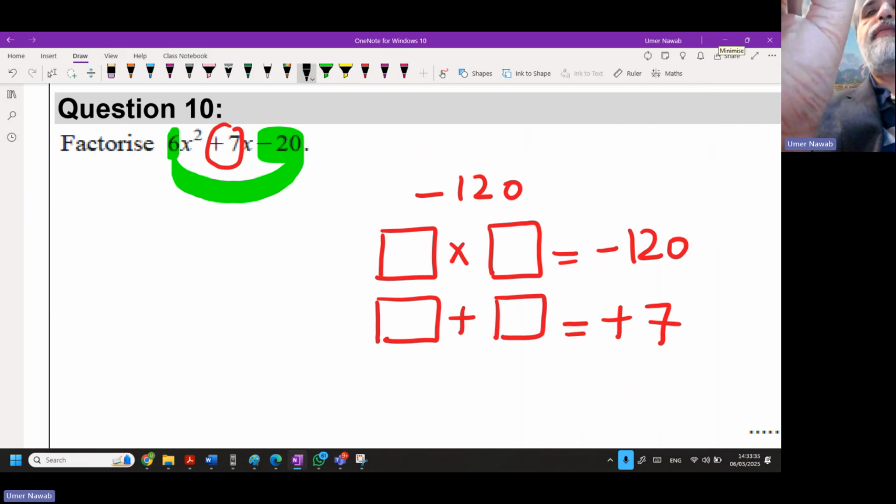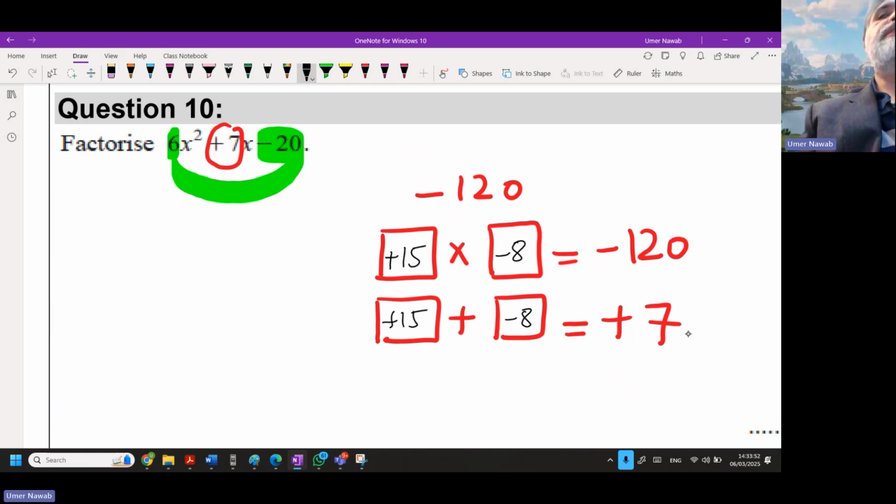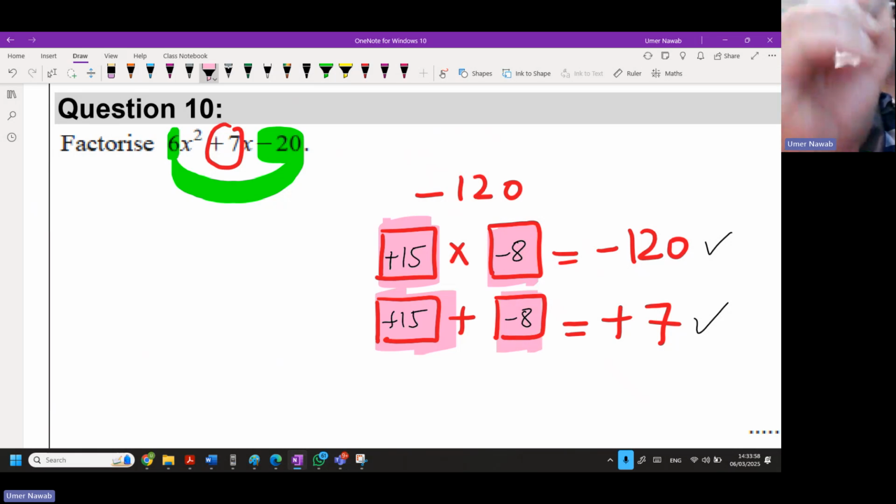So I'm going to write here plus 15 multiplied with negative 8. Look at that, 15 times negative 8 gives you minus 120. However, if I add plus 15 and negative 8, I will get plus 7. So these are the two numbers which I was looking for, 15 and minus 8.